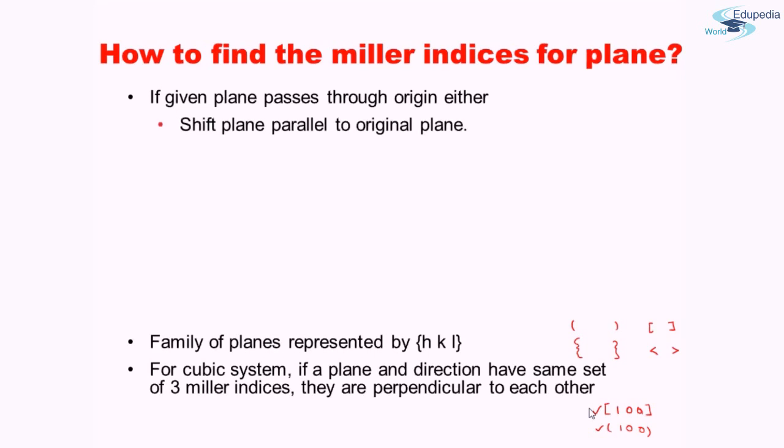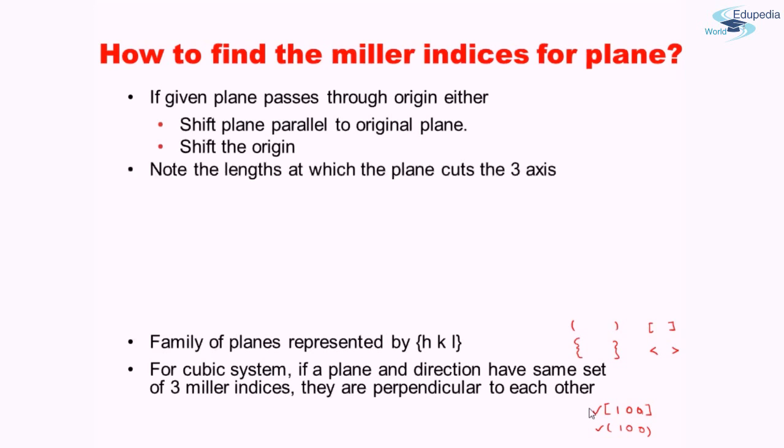As I said in the previous slide, parallel planes have the same Miller indices, so it does not matter if you shift a plane parallel to itself. The main idea is that the plane should not pass through the origin. To avoid it passing through the origin, you can shift it parallel to the original plane. Alternatively, you can choose a different origin, so you shift the origin itself so that the existing plane no longer passes through it. So this is the first step. Visualize the plane. If it passes through the origin, shift the plane or shift the origin.